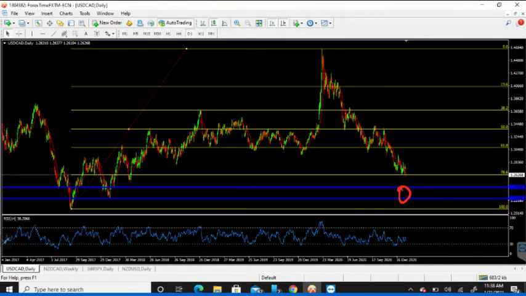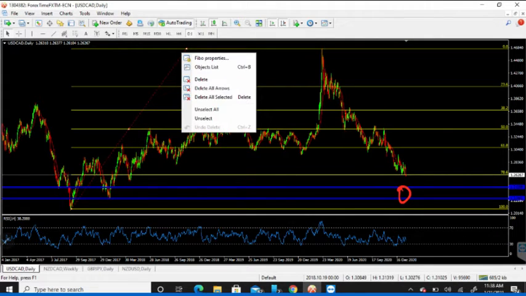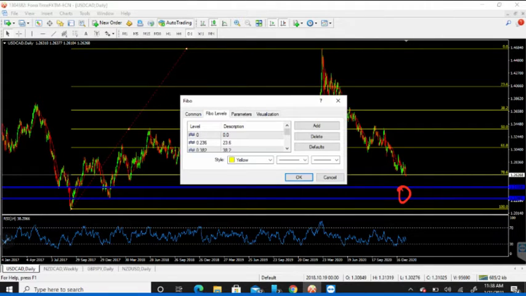So now it's on 78.6, and we're expecting it to continue rallying down to 88.6. So how do we do that? I could simply use my Fib properties, and then I can add levels, and I can add 0.886, so I can have 88.6 here.